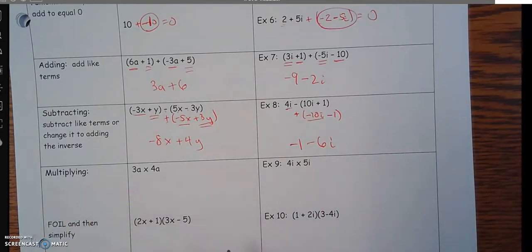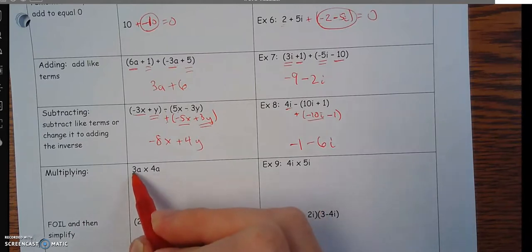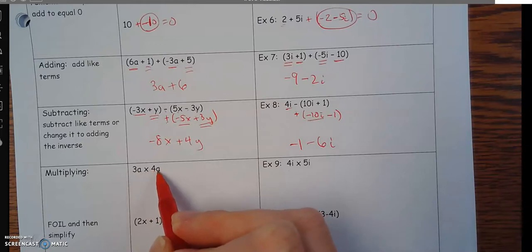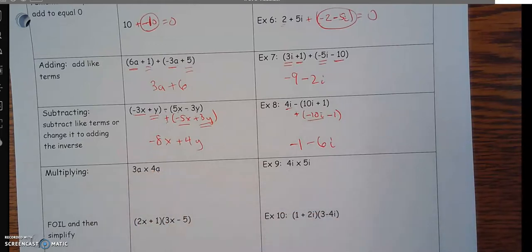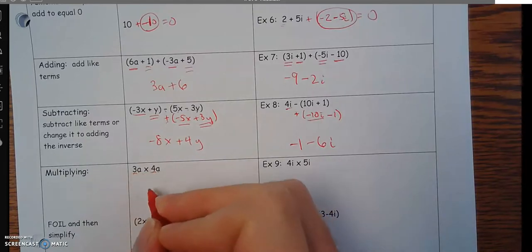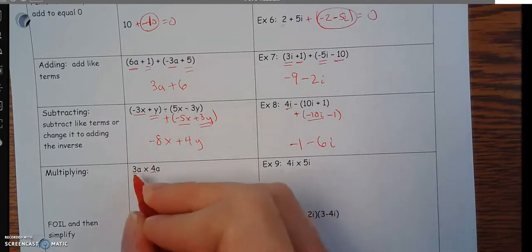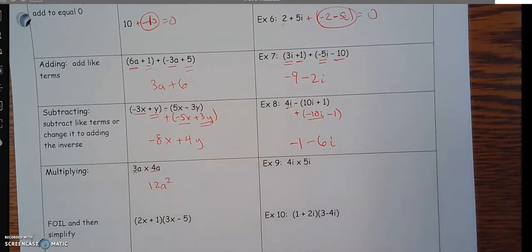Okay, now multiplying. When it says 3a times 4a, you're taking 3 times a times 4 times a. And with multiplication, you have the commutative property. You can switch the order anytime you want. So I could actually do 3 times 4, which is 12, times a times a, which is a squared. Same thing over here. 4i is really 4 times i, times 5 times i.